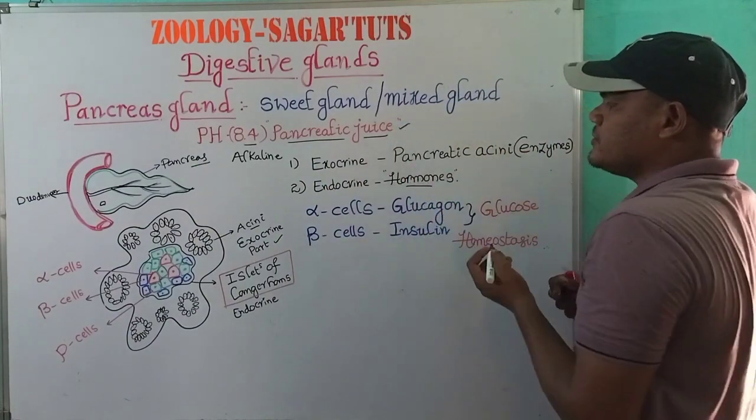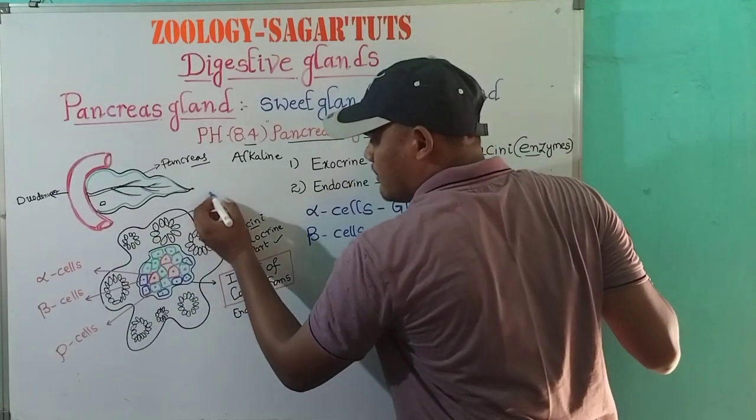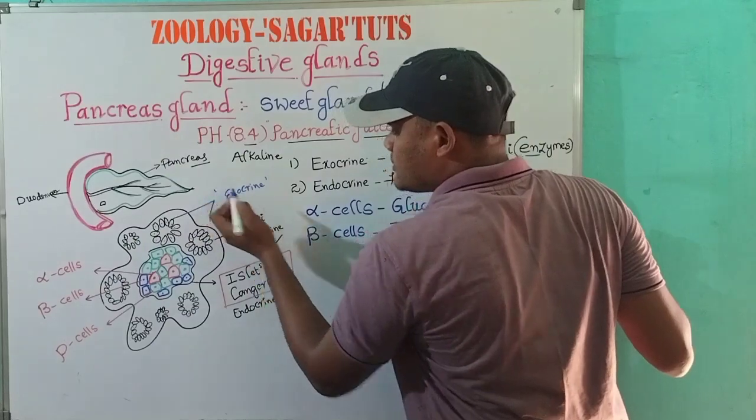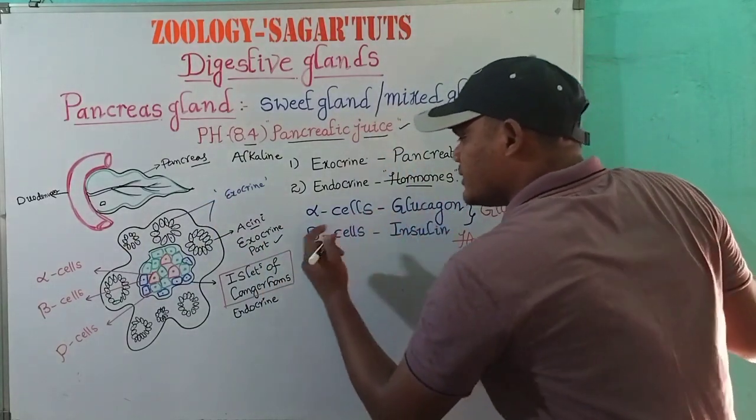Pancreatic juice is secreted from the exocrine part, that means this part. This exocrine part secretes pancreatic juice.